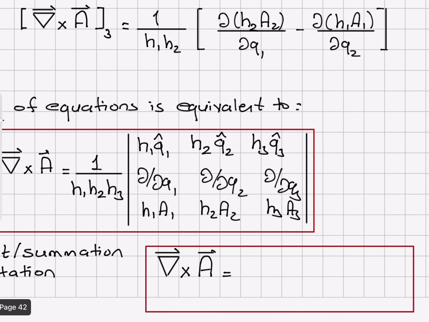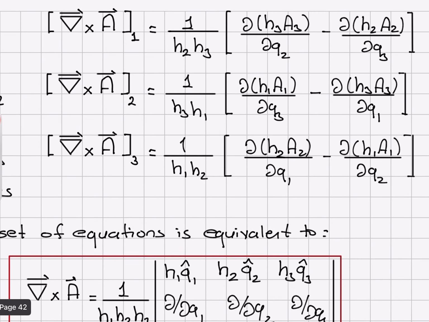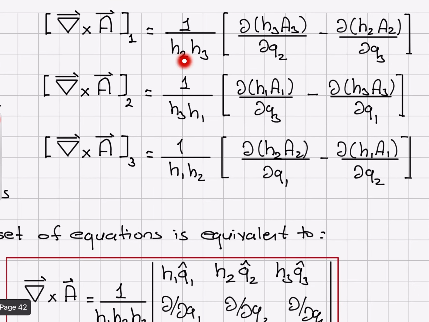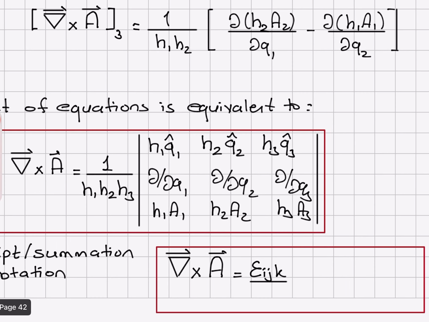We could also write this in subscript summation notation. Curl A, so we have to write the Levi-Civita symbol epsilon ijk. We divide it by, so in the Qi hat direction, we have to consider i here. If you're looking at the first component, it's H2 H3, so this would be Hj Hk.